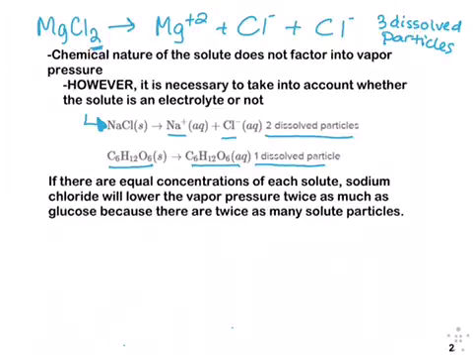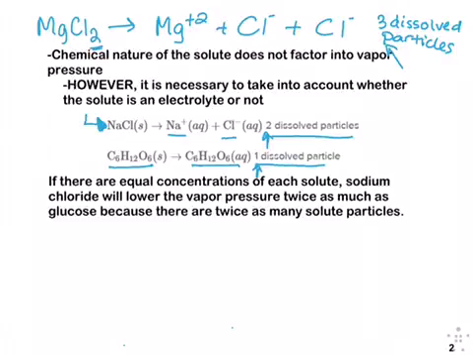So that means you might have to multiply an answer by, in this case, 3 because you have 3 particles. Here we'd multiply it by 2 because there's 2 particles. And here with 1 particle we wouldn't have to worry about multiplying by anything.